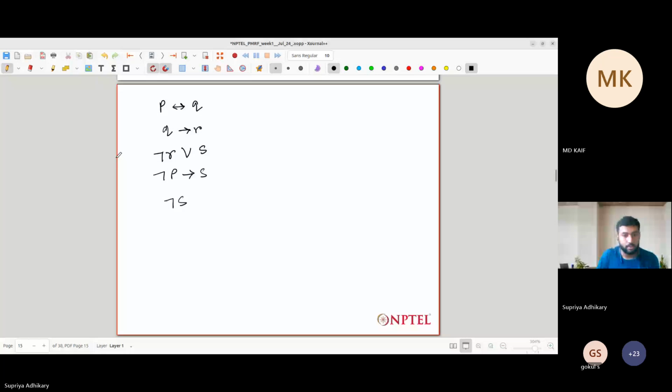So if we say that this final statement, the negation of S, is true, then we can say that S should be assigned the truth value F. If this is true, then S must have the truth value F. Only then can this negation of S be true.